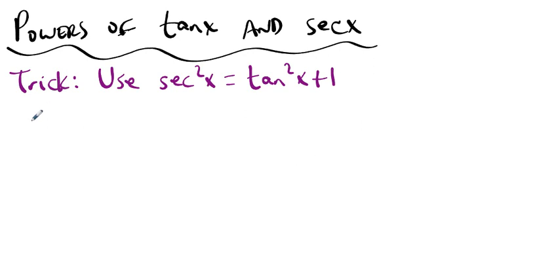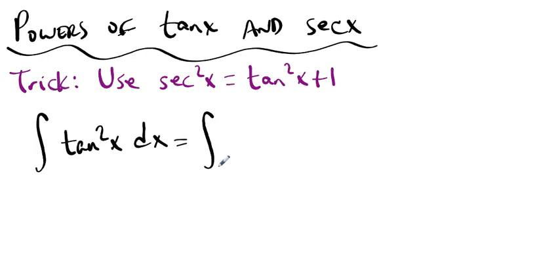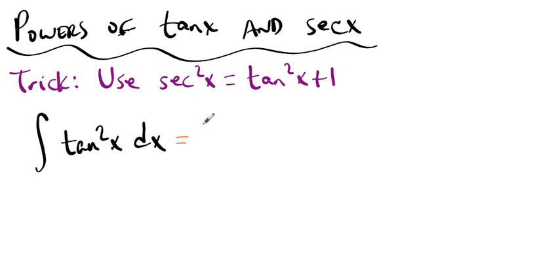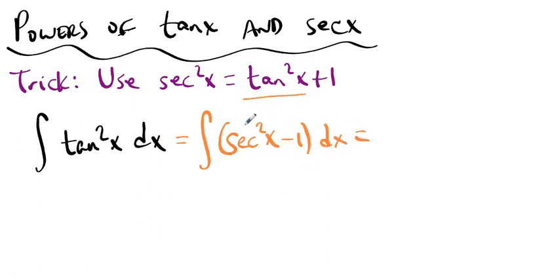So, for example, if you're looking to integrate tangent squared x, you would recognize that, go back, orange, you would recognize that as the integral of secant squared x minus 1, because that's tan squared x.